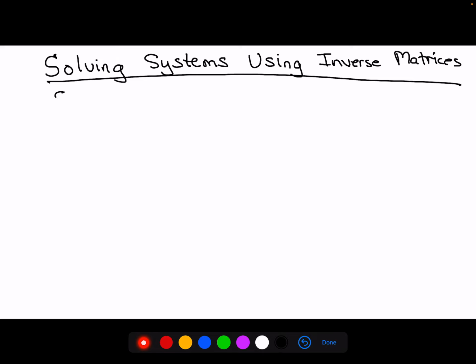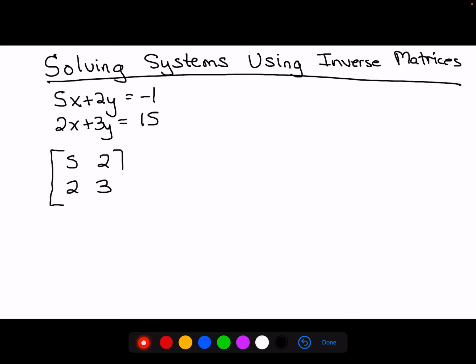Let's say you have a system like 5x + 2y = -1 and 2x + 3y = 15. You can take the coefficients of your equations and make a matrix with those, and then multiply it with a matrix just made with the variables, and set that equal to a matrix made with those solutions.